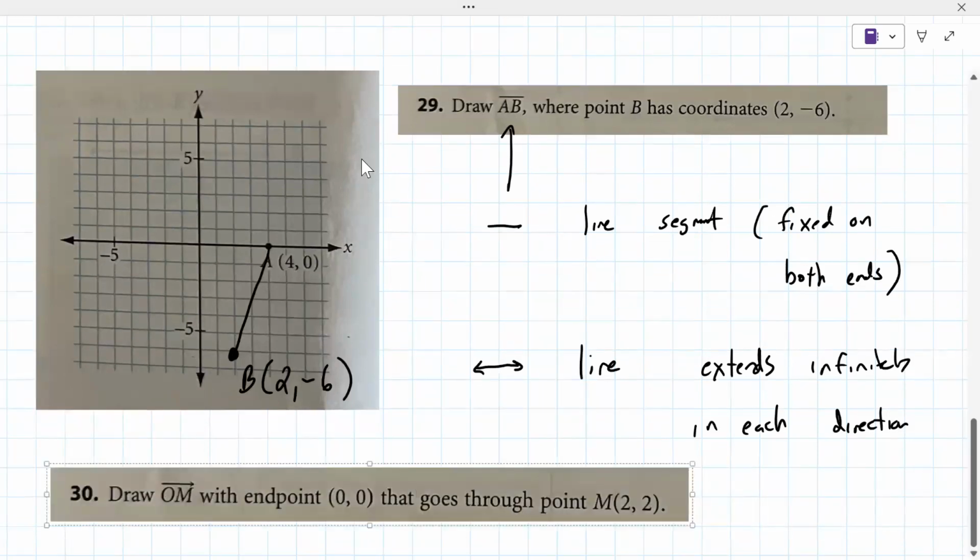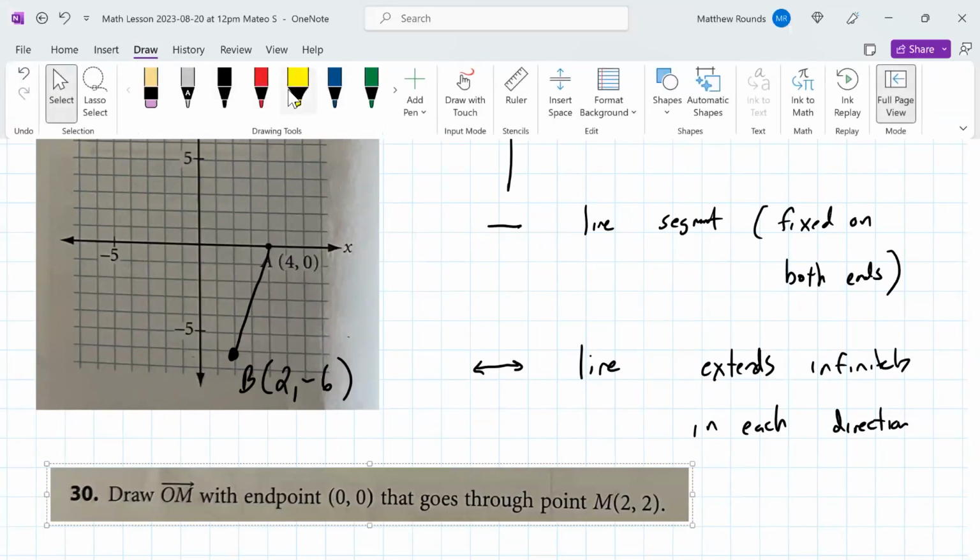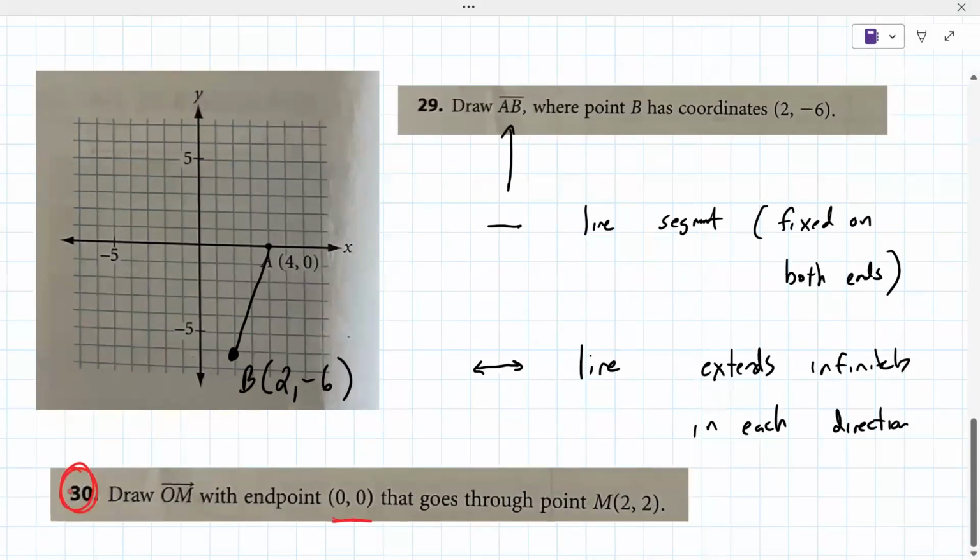All right, I'm going to do 30 in red. Okay, so (0, 0) is at the origin, and that's O, and then M is at (2, 2). Now this right here is called a ray. A ray is fixed at one side. They have to tell you which side it is.